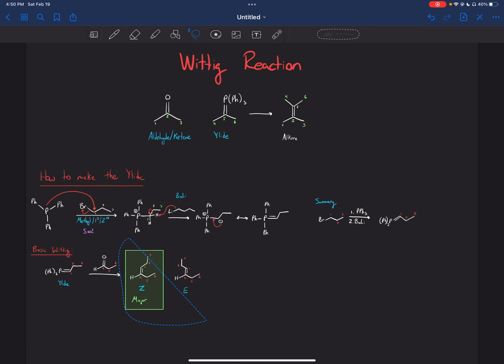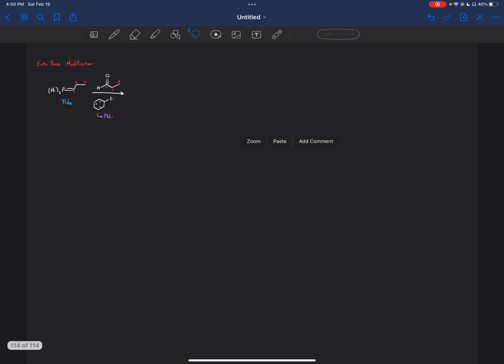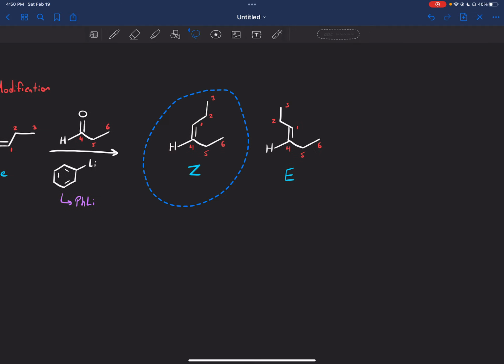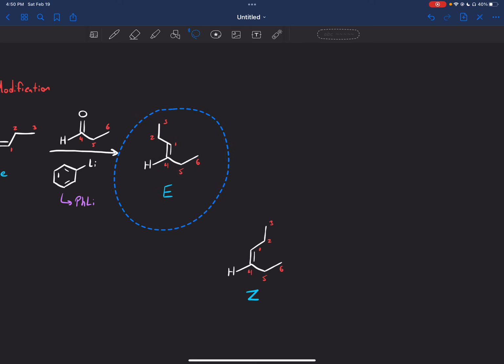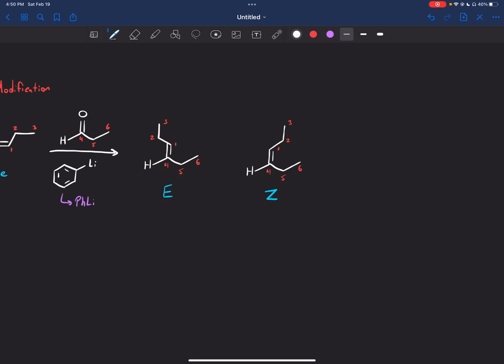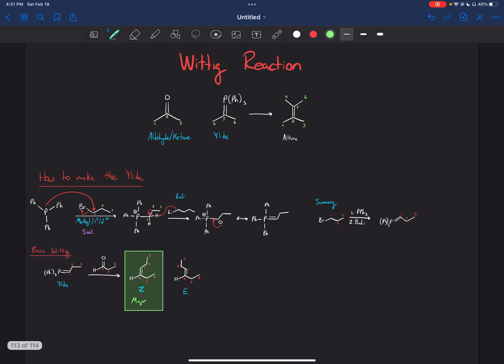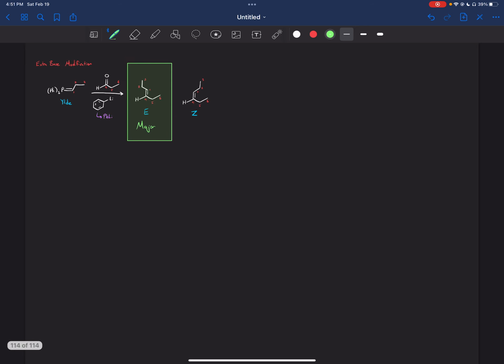So we would go through the exact same process, nothing changes, but instead of the Z product being the major one, the E product will be the major one. So far we have our normal Wittig, which creates the Z isomer as the major one. Our extra base modification Wittig creates the E isomer as the major one.